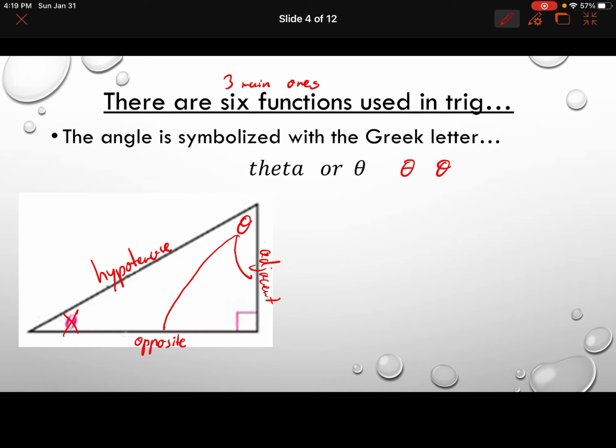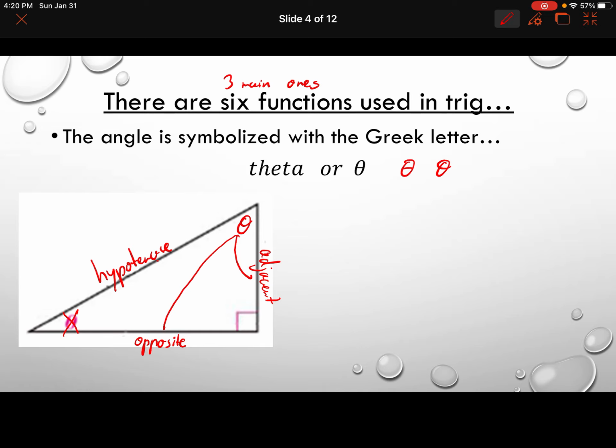And that is important to remember, because depending on which angle you're looking at, your opposite and adjacent sides will change. So you do got to be careful that if you're looking at a different angle than you were at the beginning, then you got to change your opposite and adjacent sides. Now, thankfully, the hypotenuse side never changes.